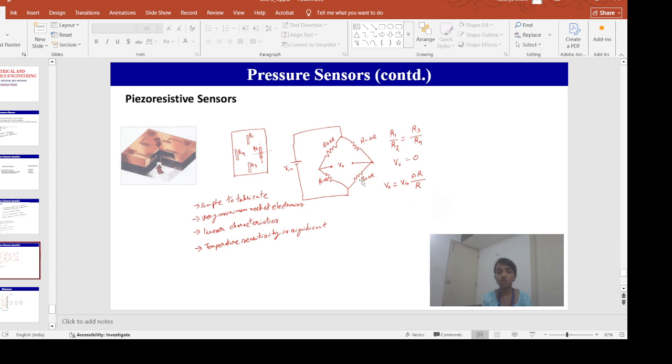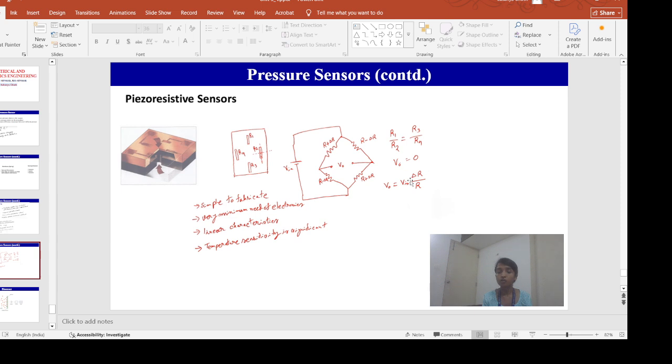Vin into this resistance, which is R plus delR, divided by R plus delR plus R minus delR. If we take the mod value, we will get V0, that is the output voltage, equals Vin multiplied by delR by R. This R value we know because we have fabricated this arrangement, and this Vin supply voltage we also know, and the V0 output voltage we are measuring.